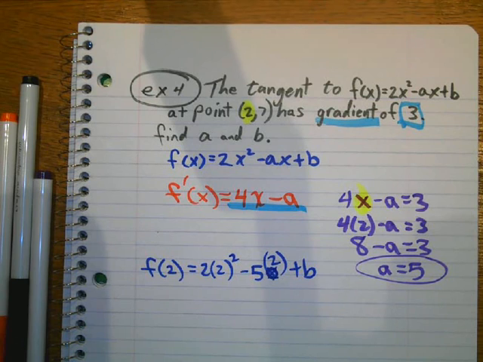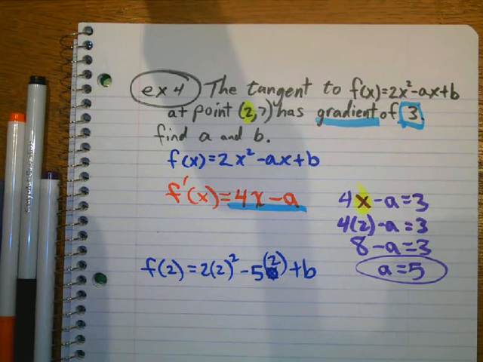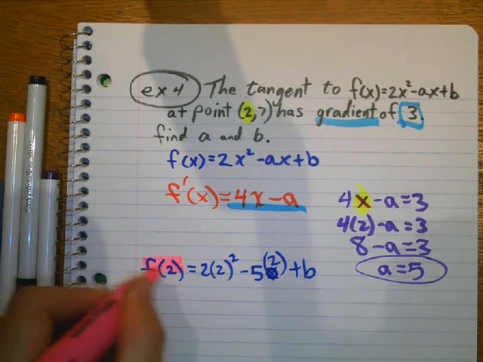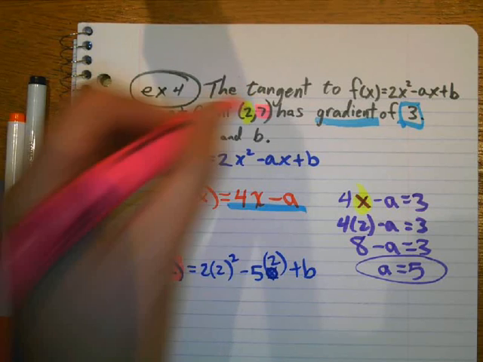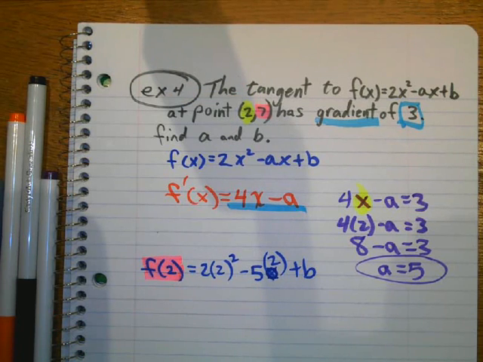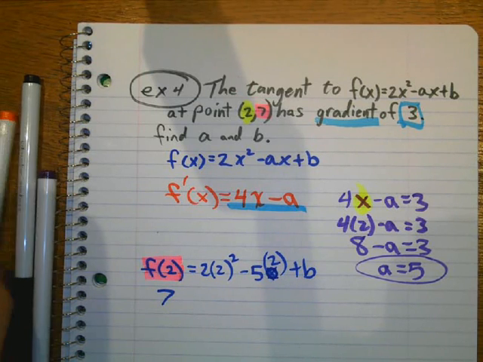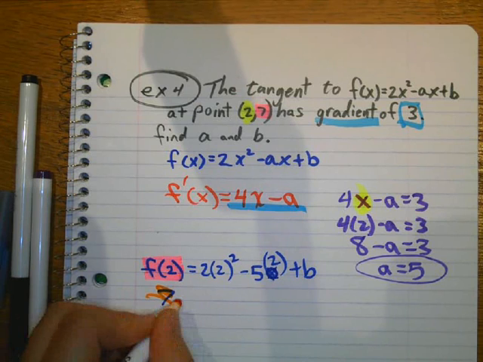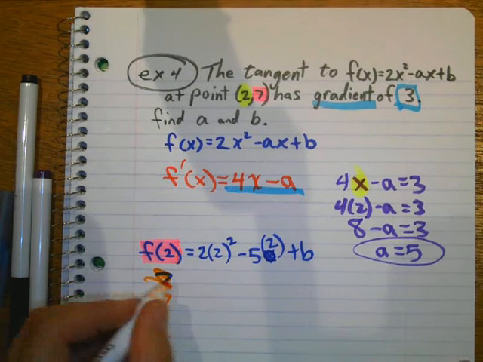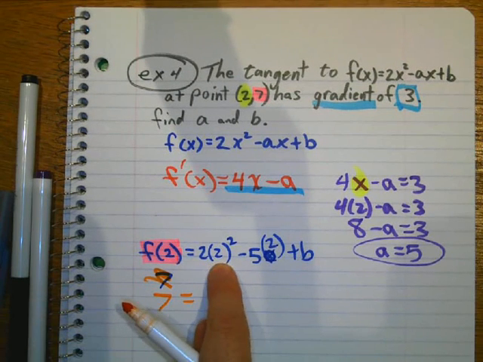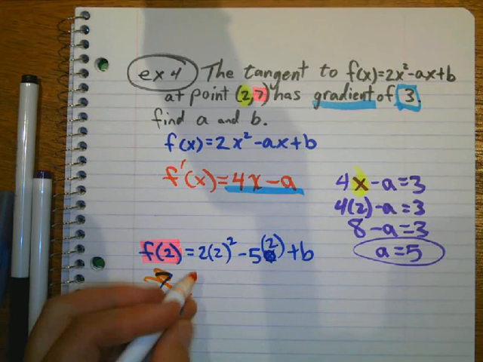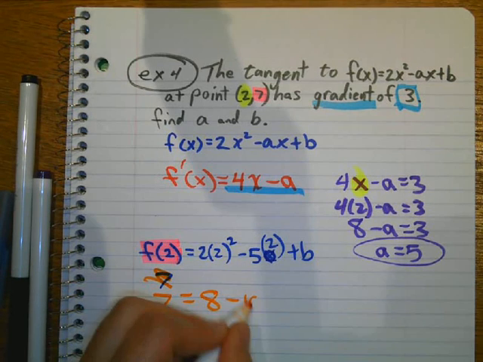And we know that this value here is 7, right? Because this is y. So now I've got 7 equals 2 squared is 4, 4 times 2 is 8, minus 10 plus b.